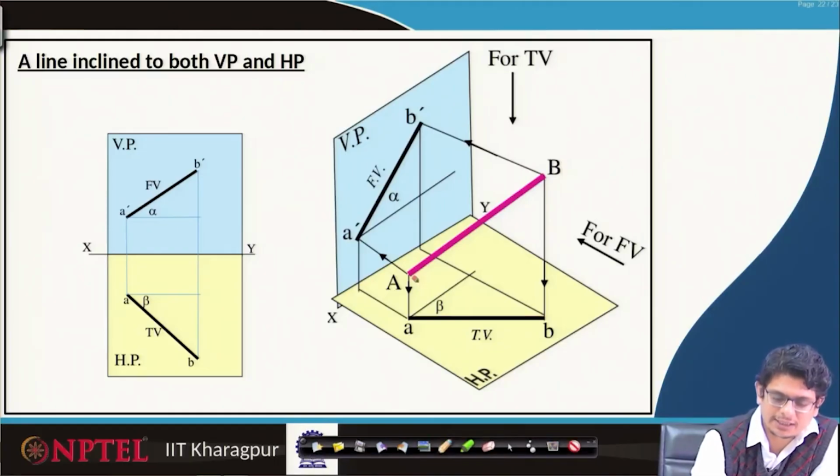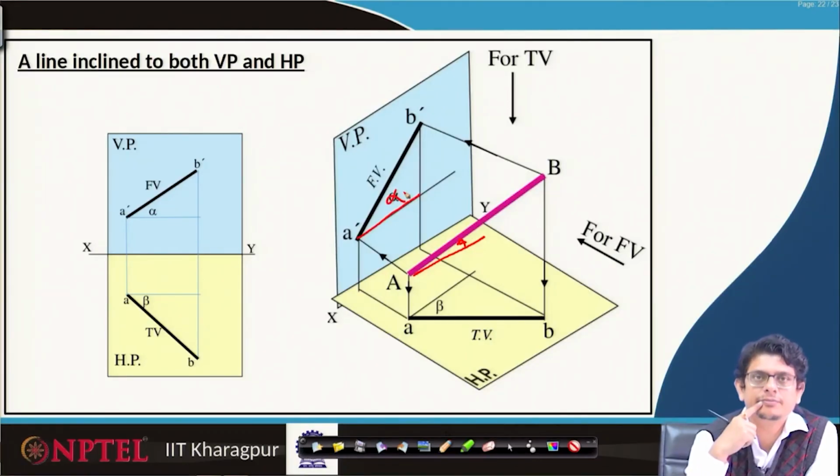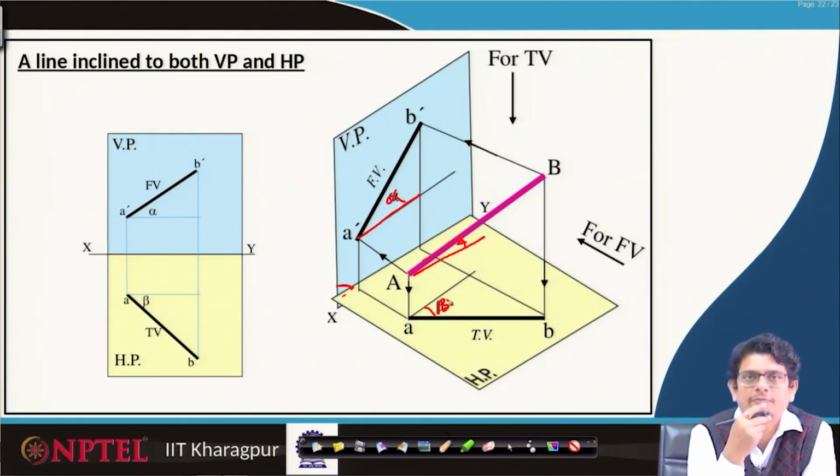For example, this angle with respect to horizontal, we will see it here, and this angle, the projected one, with respect to vertical, whatever the angle is going to intersect this vertical plane, that angle we will see here as beta.